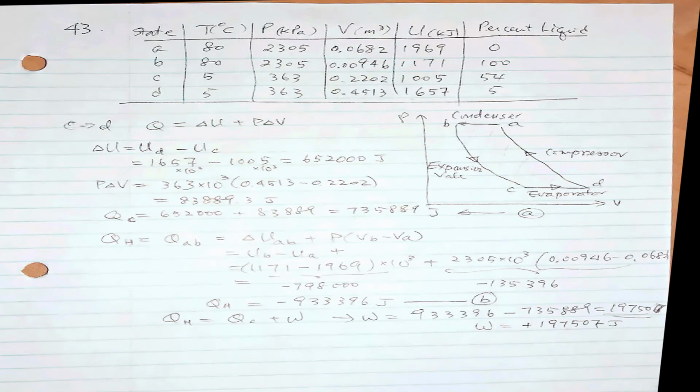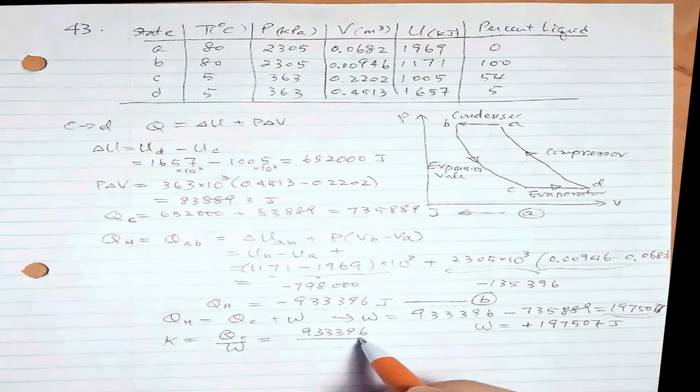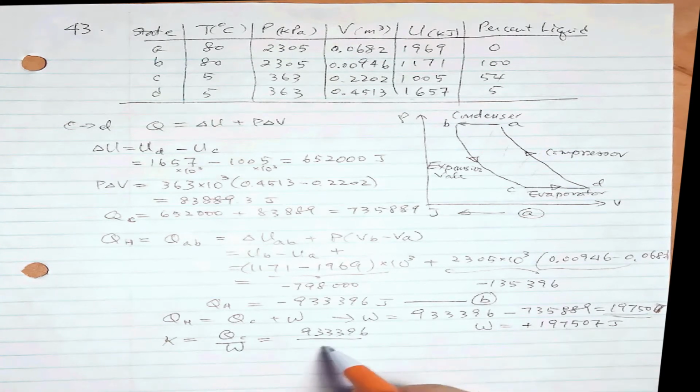And D, calculate the coefficient of performance of the refrigerator. Well, the coefficient of performance is how much cold heat is taken out for the work that you've done. Which is basically just this divided by that. Oh, this is not the heat.